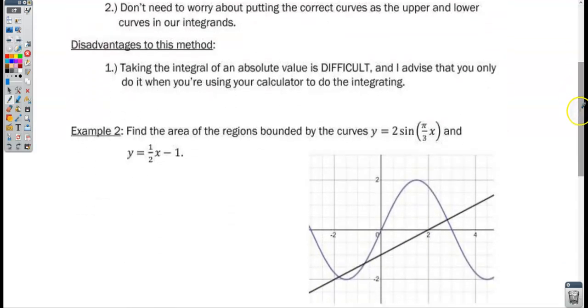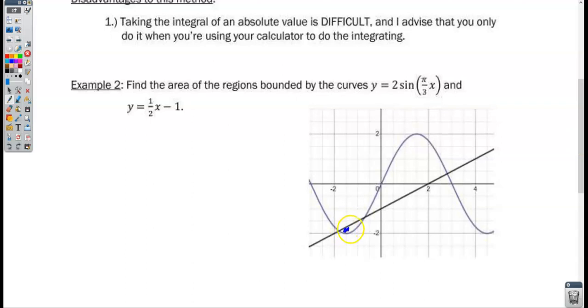All right, so we're looking at example 2 here. We're going to find the area of the regions bounded by these curves, and we're going to do it using the absolute value. For my integrand, it doesn't matter which order I put these in.